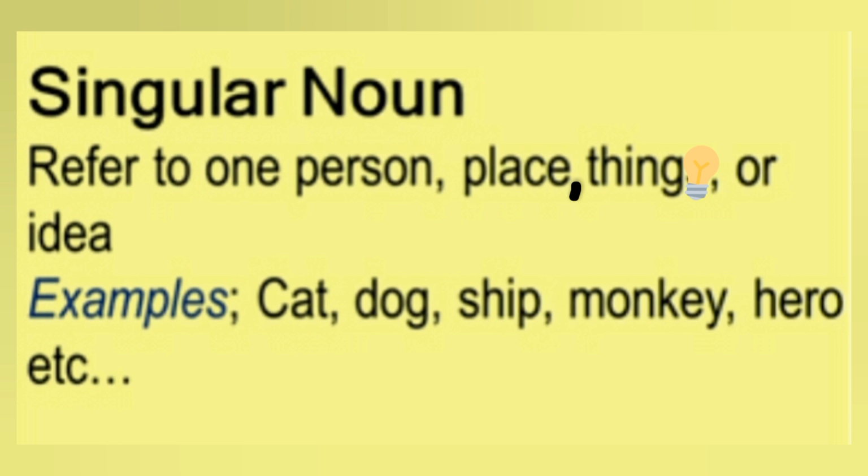Now, nouns can either be singular or plural. And this takes us to our next type of noun, singular nouns. Singular nouns refer to one person, place, thing, or idea. For example, cat, dog, ship, monkey, hero, etc. These words can either be singular or plural depending on if you put an S at the end of the word.